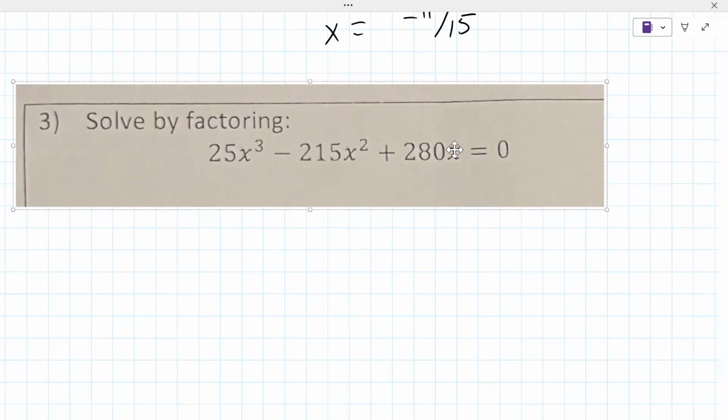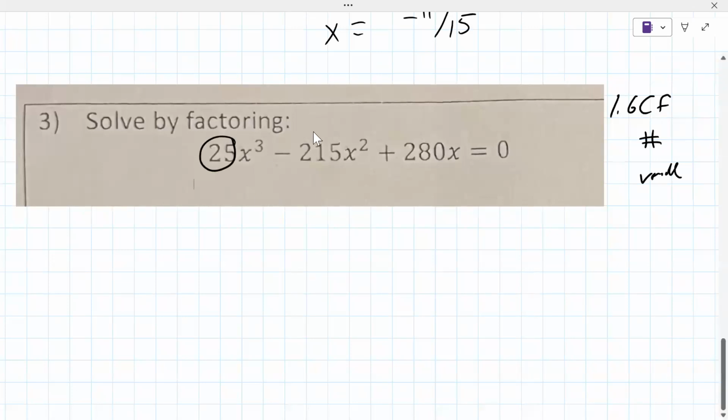So the first type of factoring you always do is what's called GCF, greatest common factor. Could be a number, could be a variable, could be both. Start with the smallest number. Maybe the smallest number goes into everything. Does 25 go into 215?